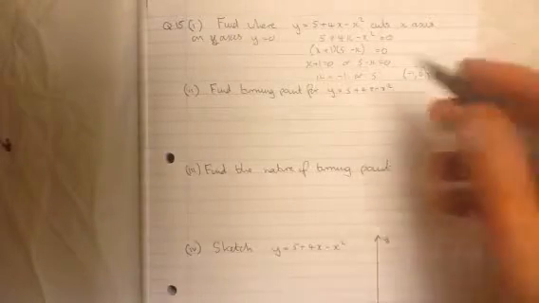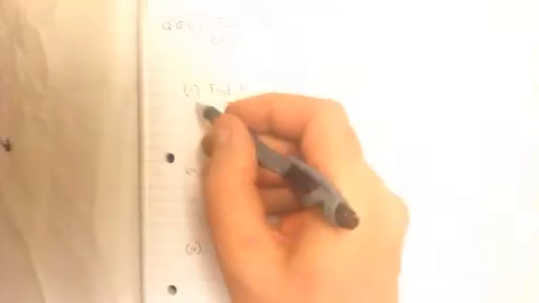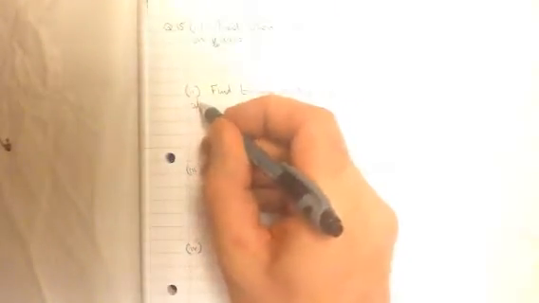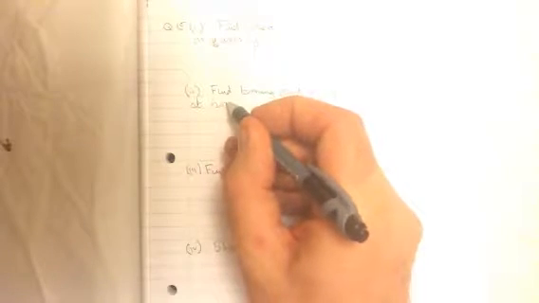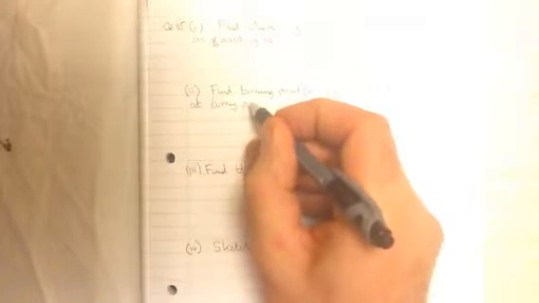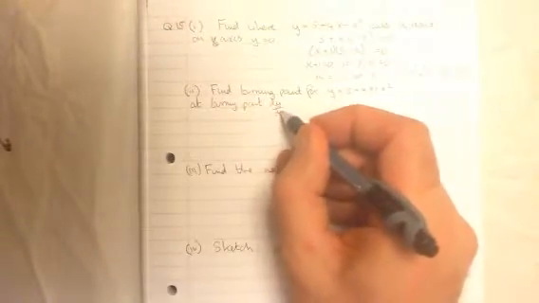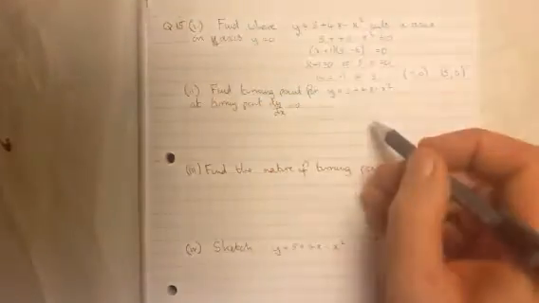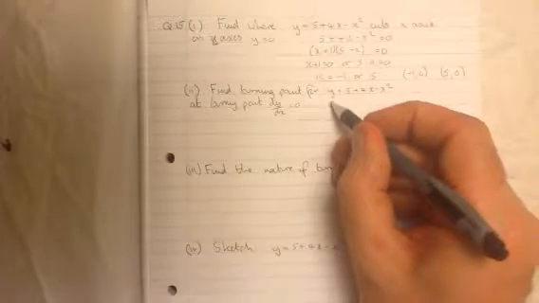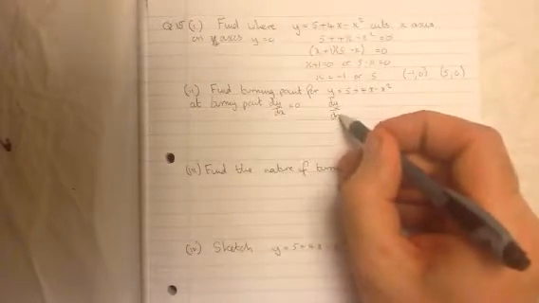And what we've got to remember is at the turning point, dy by dx, the differential of y, is 0. So we're going to have to differentiate this expression.